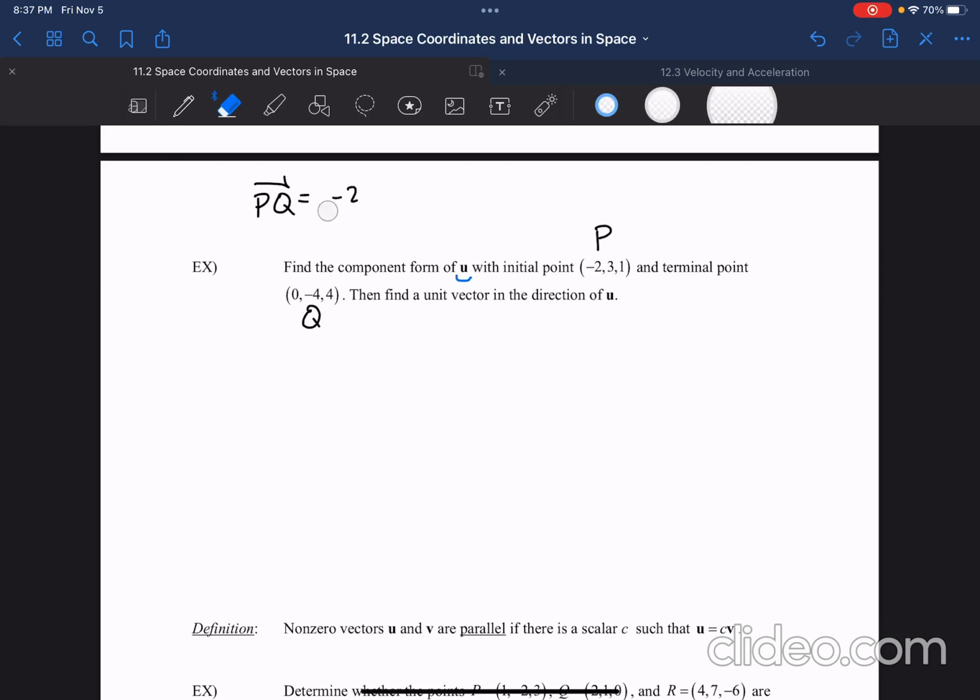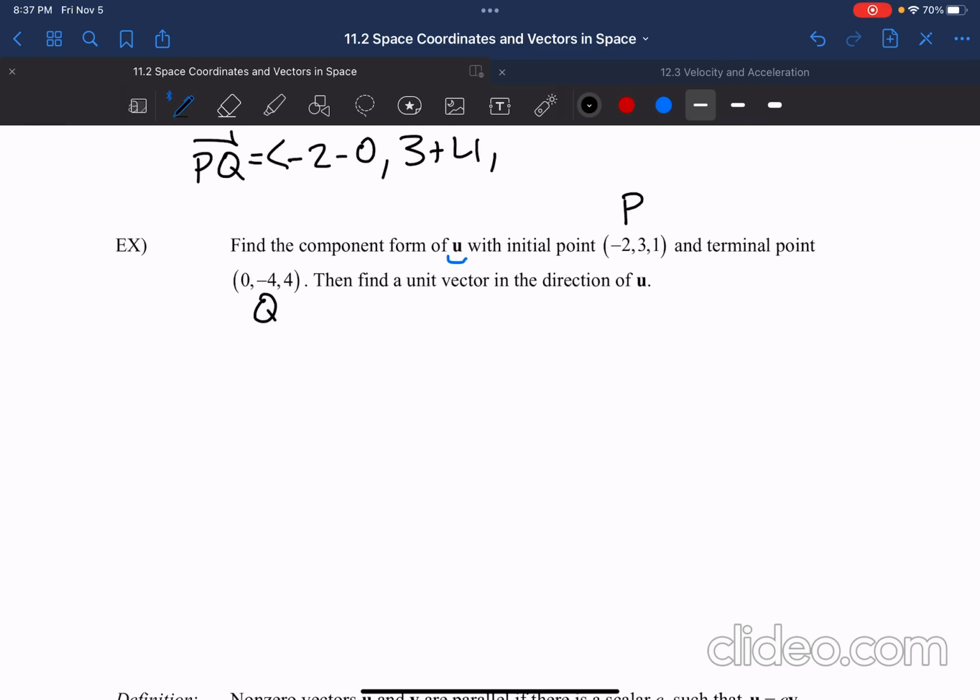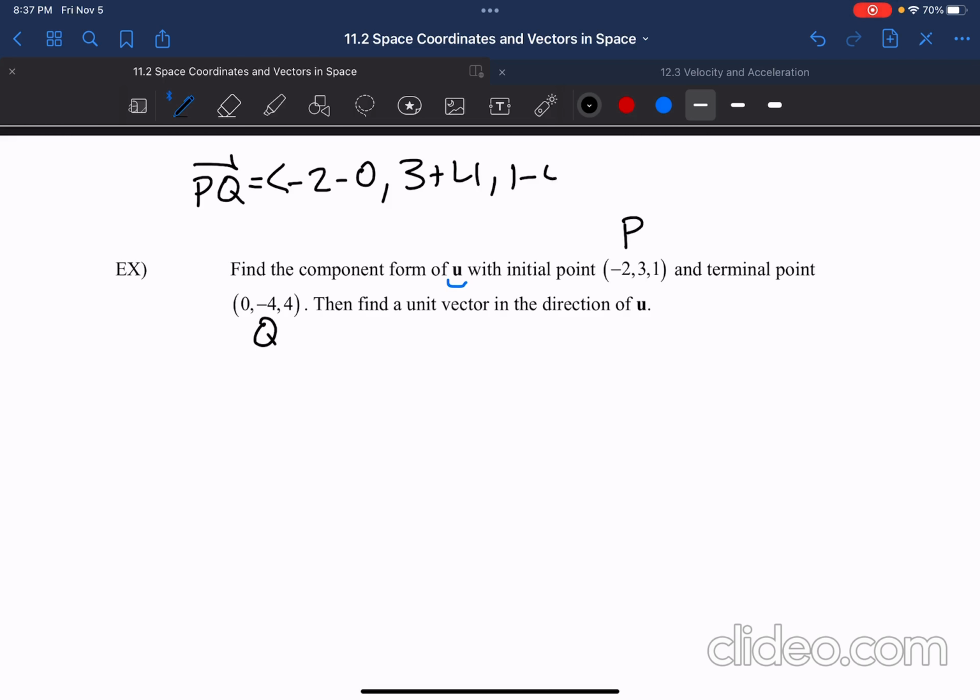0 minus -2, -4 minus 3, and 4 minus 1. So right now we're basically just subtracting these to get a vector. Hold up, let me redo this.